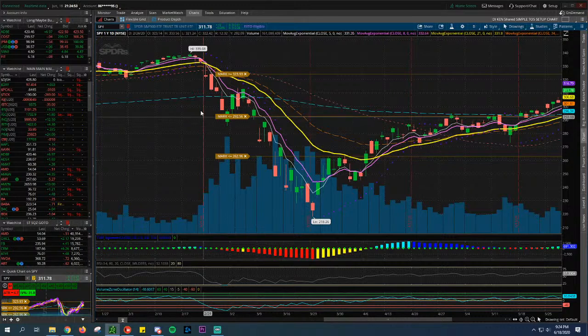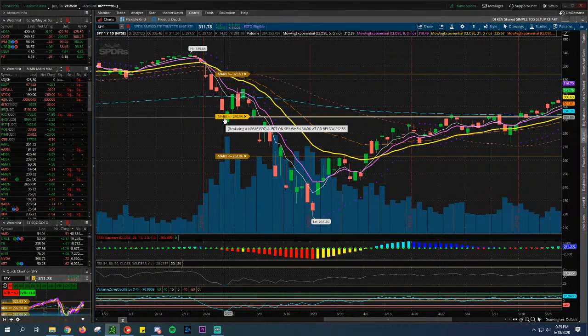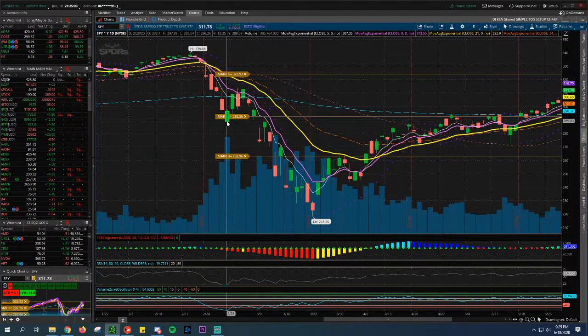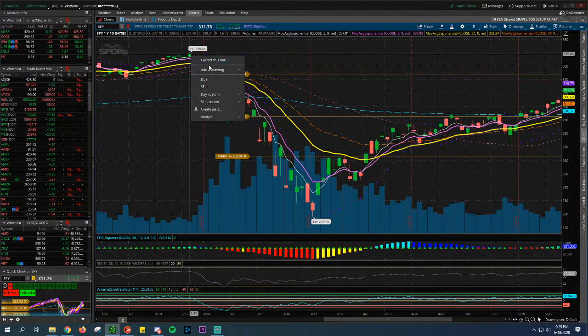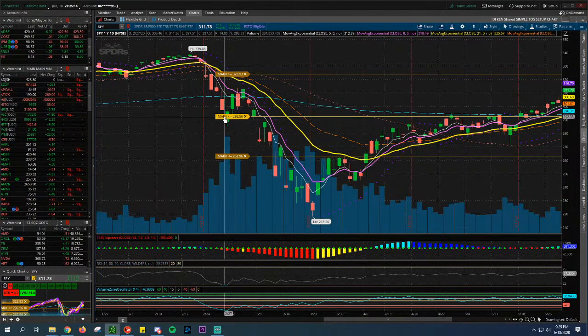So for example, this downturn we had with the overall pandemic, this whole drop from like 340 to like 290 was extremely steep. We're talking about 15% in like a week.